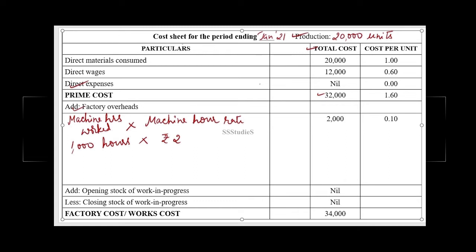Finding out the per unit cost, both these are nil because we don't have the information. And factory cost will be 34,000 divided by 20,000 units. That comes to 1.70. Alternatively, we can add prime cost plus factory overheads per unit, and also we get 1.70.